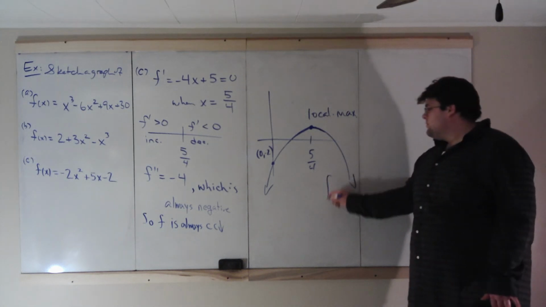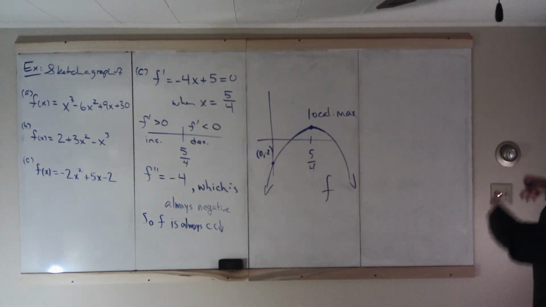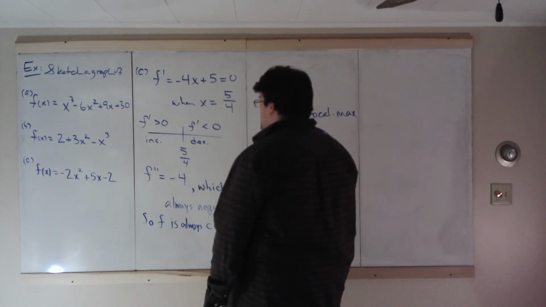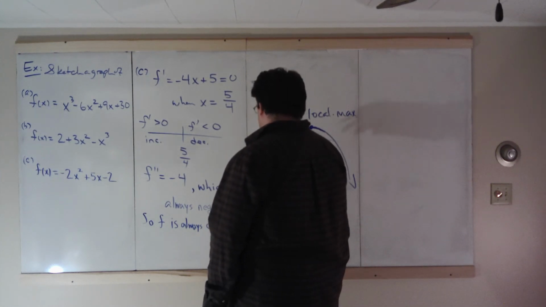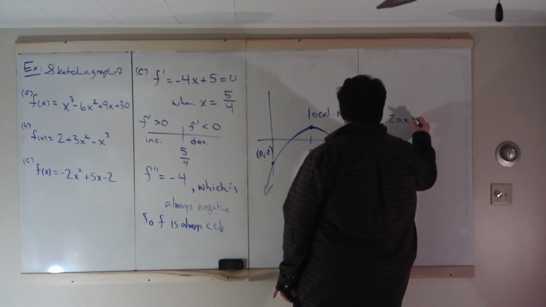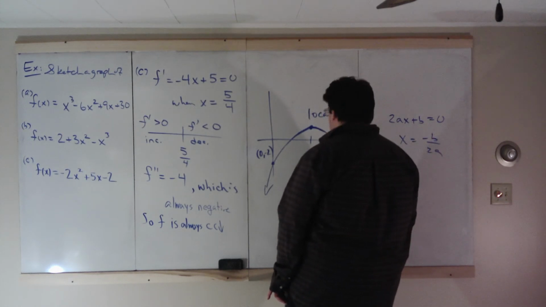But here we have a sketch of f for part C. It is a parabola. The vertex is 5/4. What's the formula for that? Negative b over 2a, yeah.